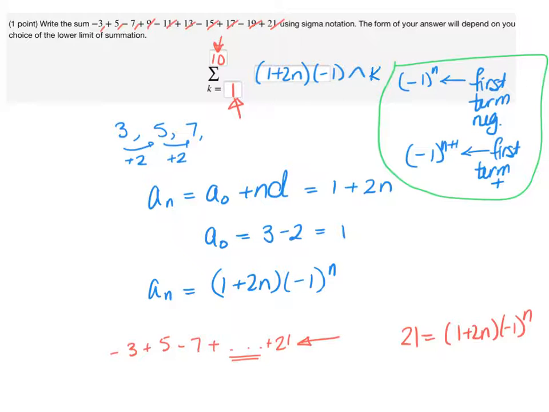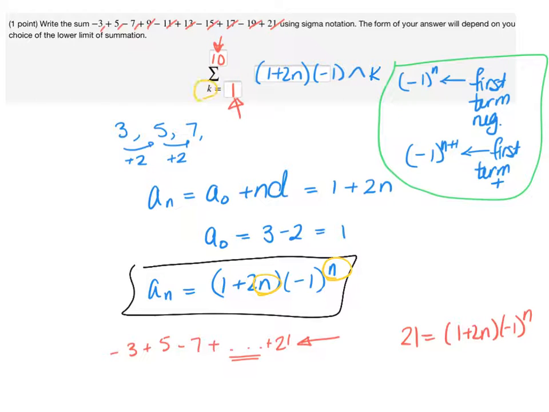The difference between the closed formula for the sequence is that I will use n's typically. But if I'm asked for the closed or explicit formula for the series, then everywhere I see an n right here, I'm going to replace it with whatever that variable is being used as the dummy variable.